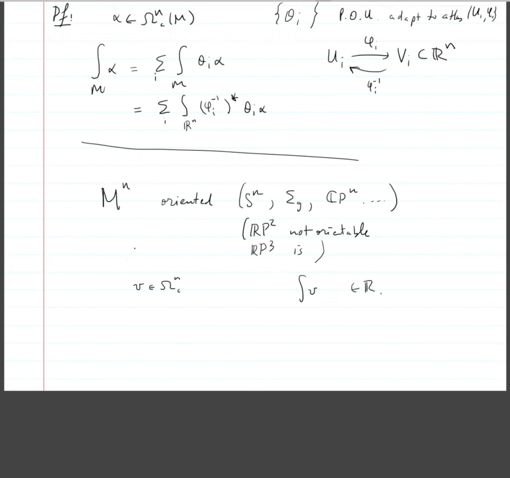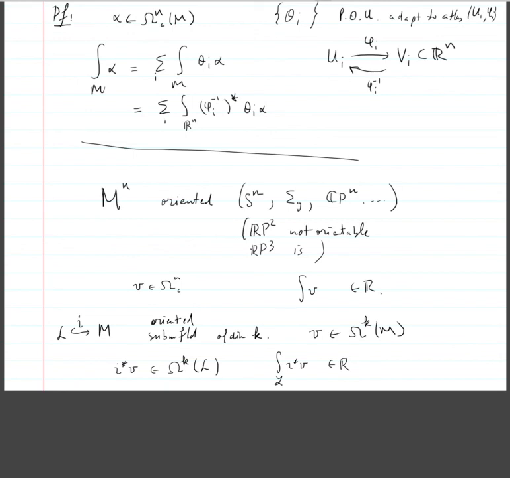But keep in mind also that if I have an oriented submanifold L of dimension k, and if V is now a k form on M, I cannot integrate V on M because V has to have degree n to integrate it over M. However, what I could do is look at the inclusion map of L into M, and I could pull back V by the inclusion map, and this now will be a k form on L, which is now a top degree form on L. And so that means that I can integrate over L i star V.